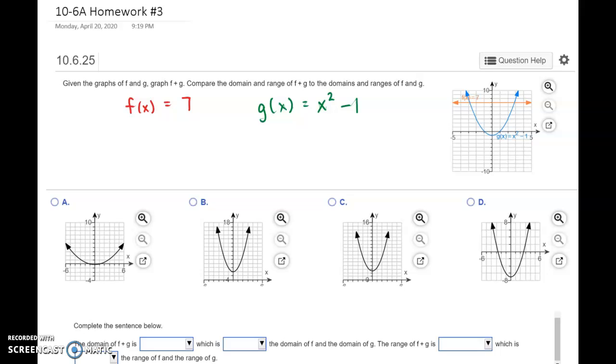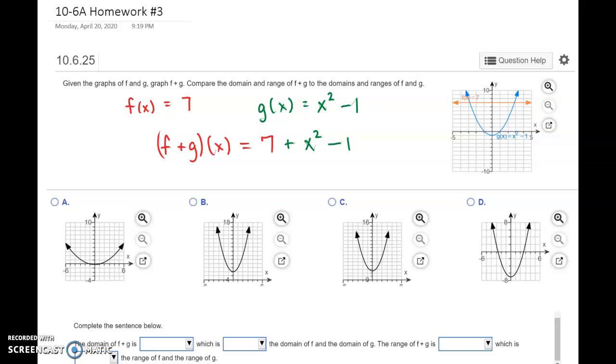So if I look for like terms as I'm adding, first I would have 7, and then plus x squared minus 1.